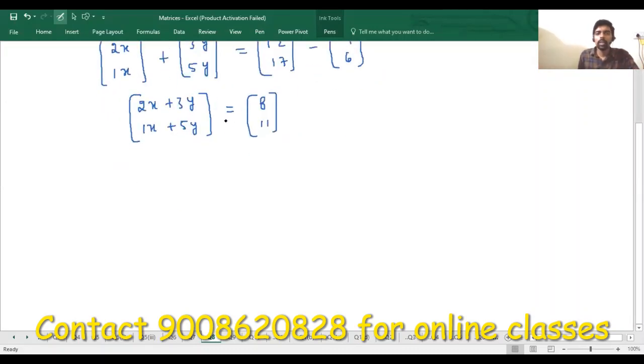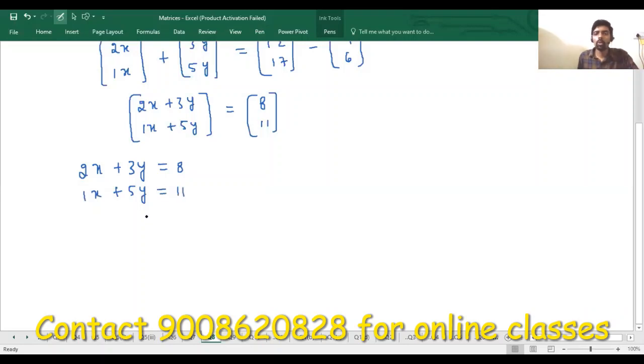So now, in between we got equal sign. So both are equality, right? Both are equals. So first equation will be 2x plus 3y equals 8. The corresponding element of 2x plus 3y in the other matrix is 8, right? So 2x plus 3y equals 8 and 1x plus 5y equals 11.